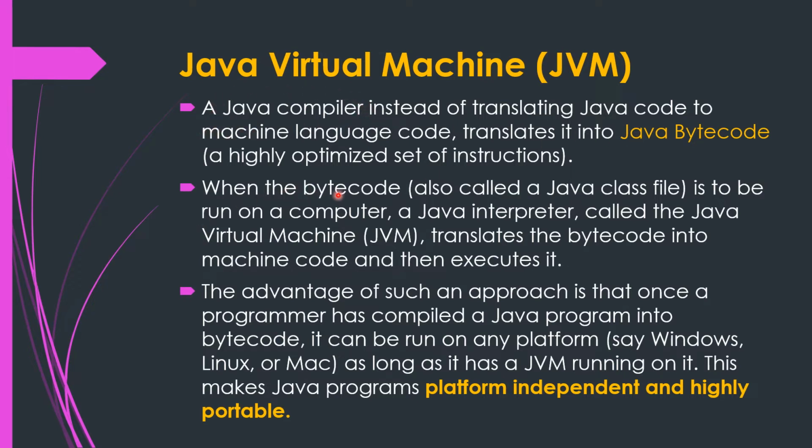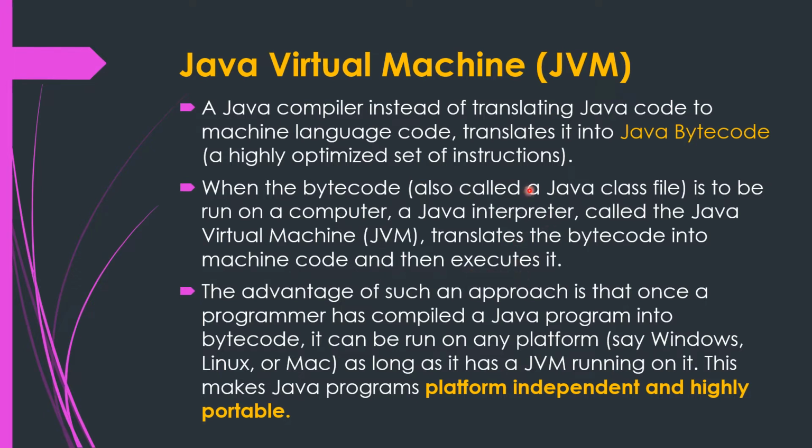When the bytecode, also called a Java class file, is to be run on a computer, a Java interpreter called the Java Virtual Machine (JVM) translates the bytecode into machine code and then executes it. So basically, when we have to run this Java bytecode, which we can also call a Java class file, on a computer, then the Java interpreter has a very important role. It translates the bytecode into machine code and then executes it.